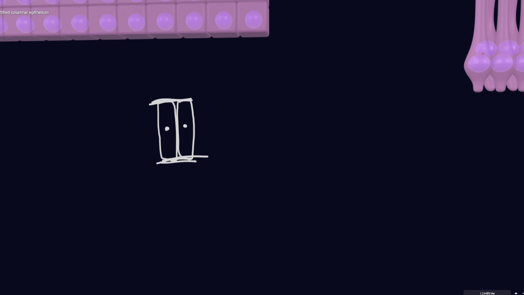Now if there is, let's suppose, a limited space and the cells have to proliferate within that limited space, and there is not much cytoplasm inside the cell, then what will happen? Let's suppose here there will be this cell like this, it will become like this, and here there will be the nucleus, and then here another neighboring cell will come, and it will sort of form like this, and its nucleus will be somewhat in an upper position, right?